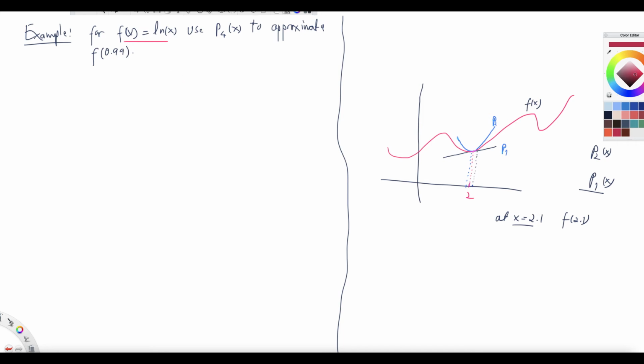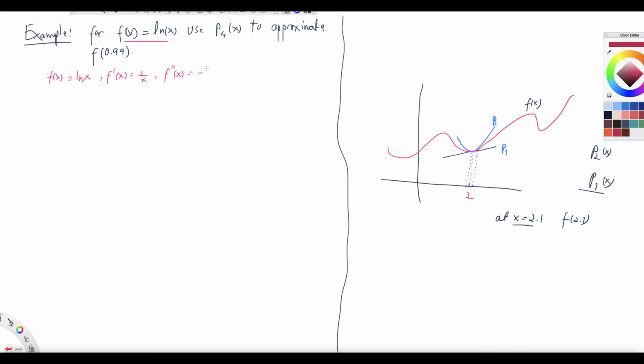All right, guys, so first of all, let us write down what f(x) is here. f(x) is natural log of x, right? What is f prime of x? You need to go up to the fourth derivative, because it's p4(x). It is 1 over x. What is f double prime of x?